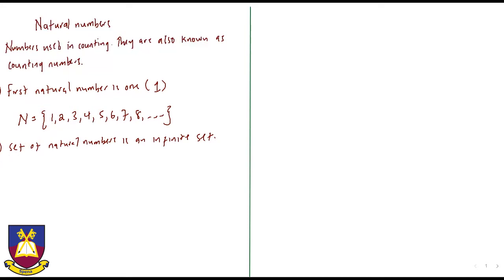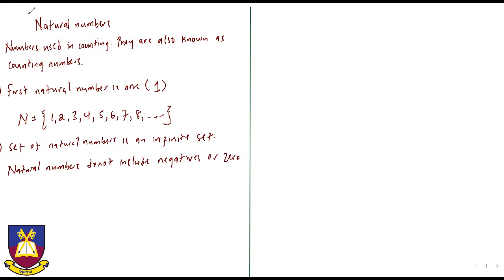Now, another thing we need to see from here is that natural numbers start from 1, therefore they do not include negative numbers or 0. Natural numbers do not include negatives or 0.